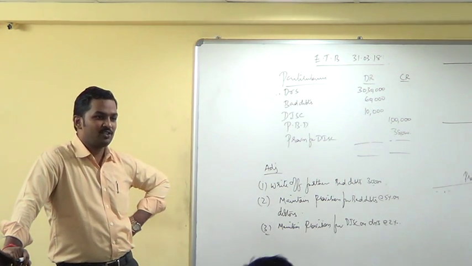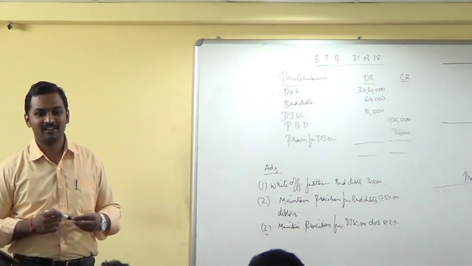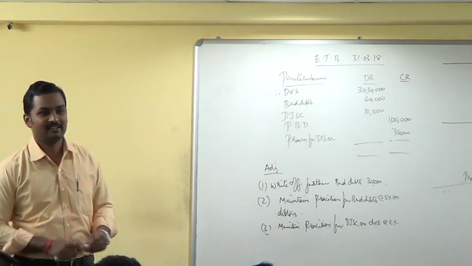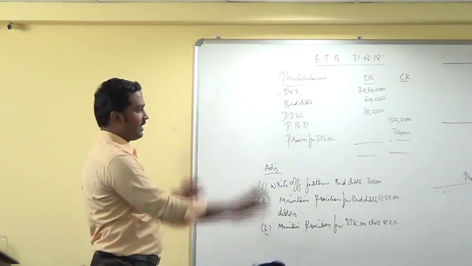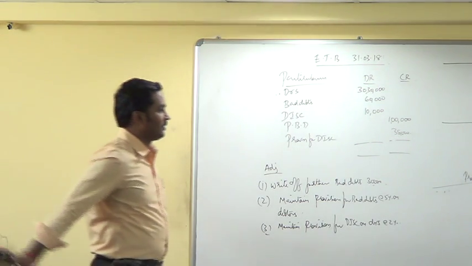So we have added some more masala to the problem now. Earlier we had only one special graveyard, now we have two special graveyards for two special losses. Let us first of all take down the balances. Everyone take down the question? Quick.